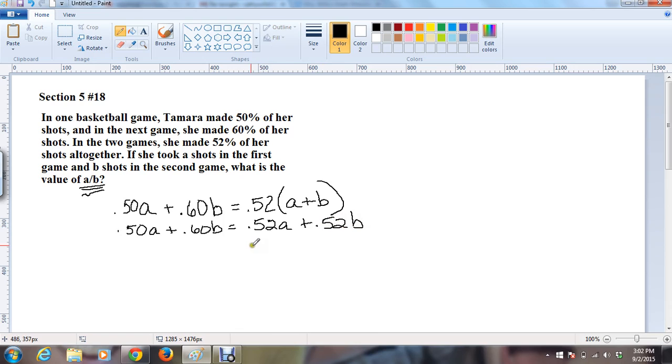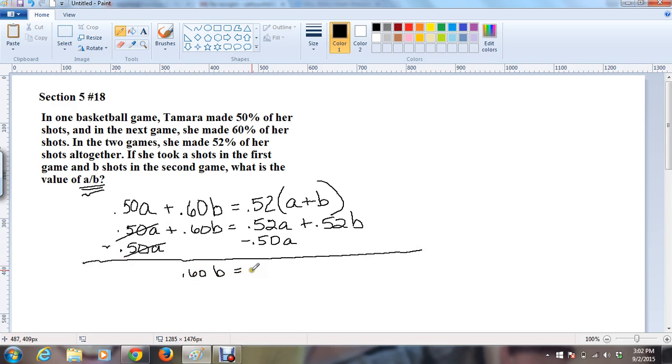Now we can subtract 0.5A on both sides. And they'll cancel over here, and we'll end up with 0.60B equals 0.02A plus 0.52B.